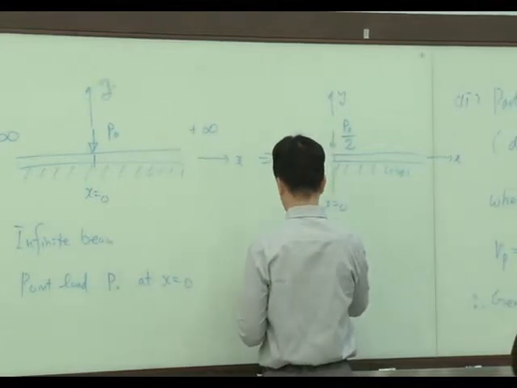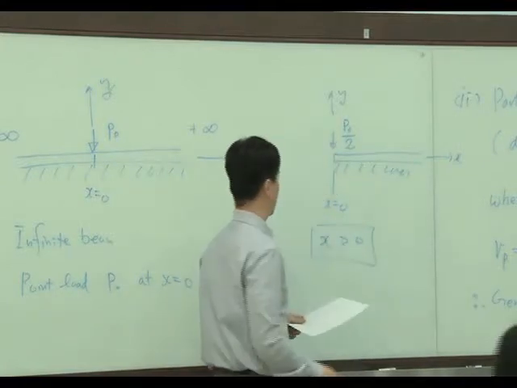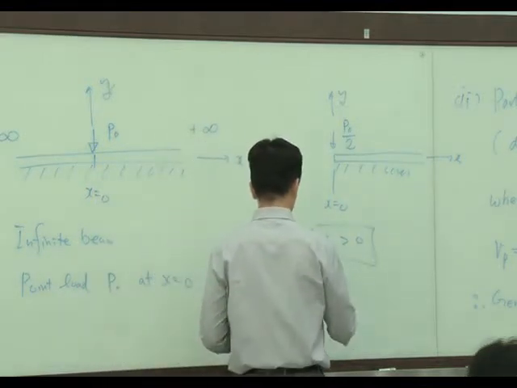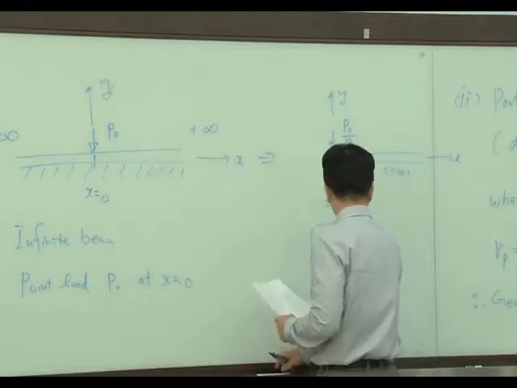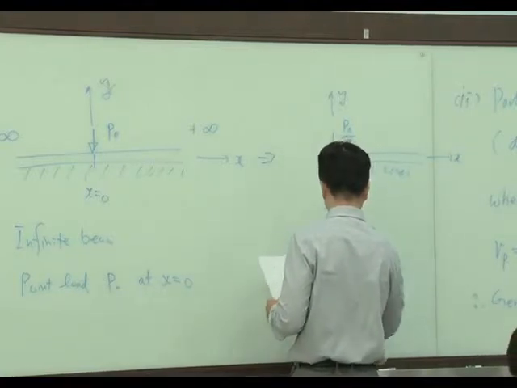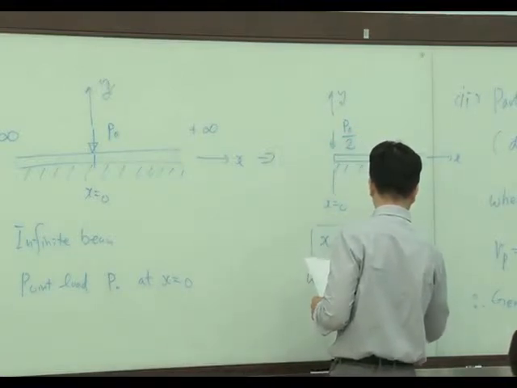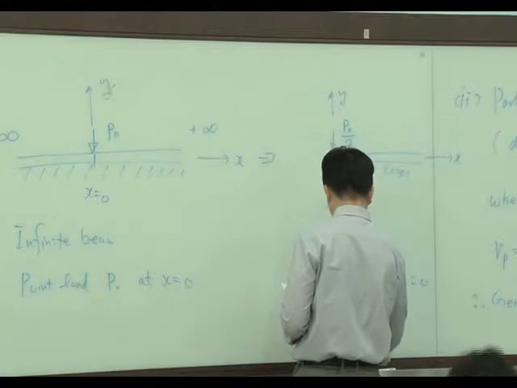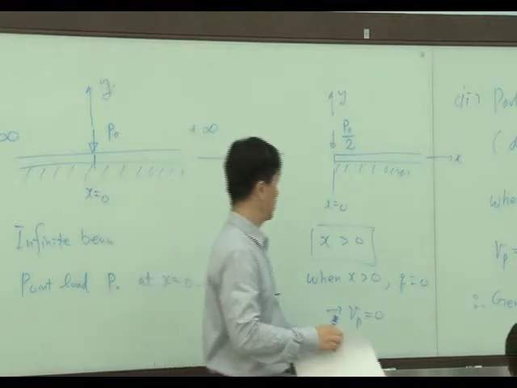So we only consider the domain x bigger than 0. In this case, the distributed load is 0. When x is bigger than 0, q is 0. The distributed load is 0, so the particular solution is 0 too. So we don't need to consider the particular solution.